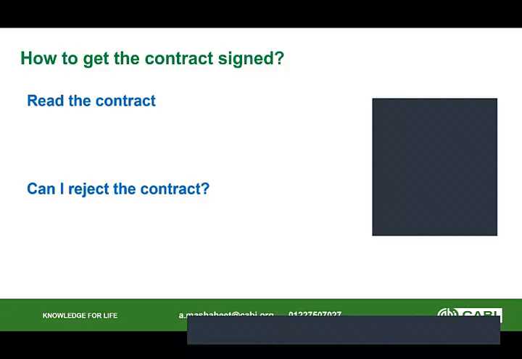I've seen those conditions in different calls before. So this case happens where there is a penalty for saying no or rejecting the contract.